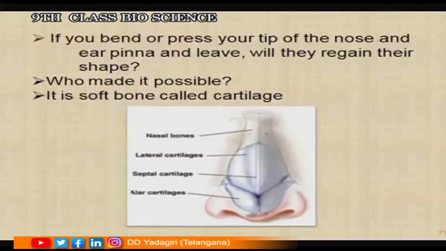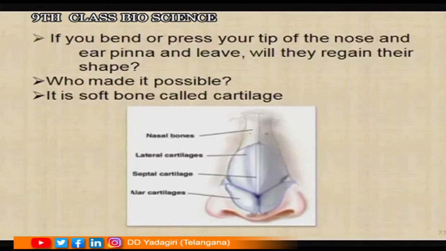Dear students, press on the tip of your nose, pull your ear pinna. Now see, are they in their original shape? Did they change their shape? They are in their original shape. Who made it possible?